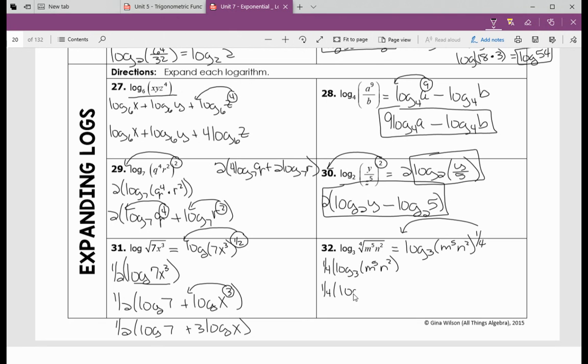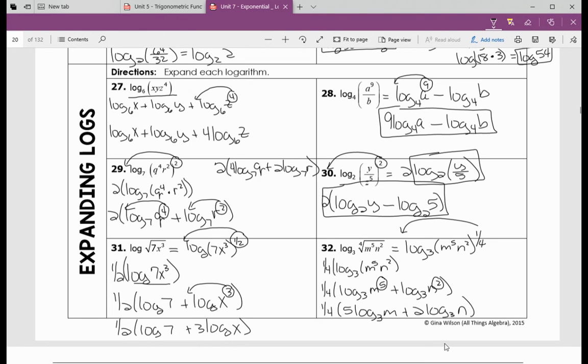So that would be log base 3 of m to the 5th plus log base 3 of n squared. And then, of course, at the very end, I'm going to take both of those powers and write them as multipliers. So I have 5 times log base 3 of m plus 2 times log base 3 of n. And that would be my final answer.